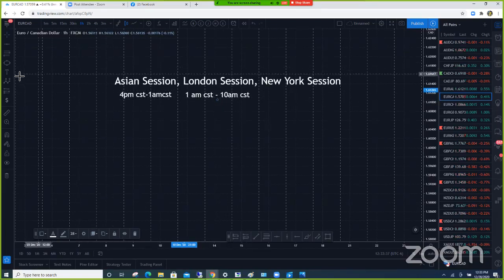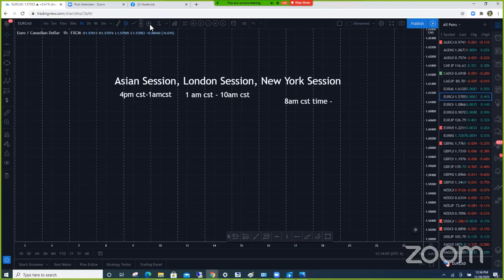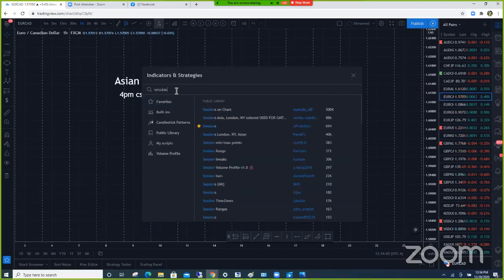And then the New York session kind of overlaps. It is 8 a.m. Central Time. Trying to see how it works with daylight saving time. I think right now it's 8 a.m. Central Time. Let me see real quick. Sessions. There we go.